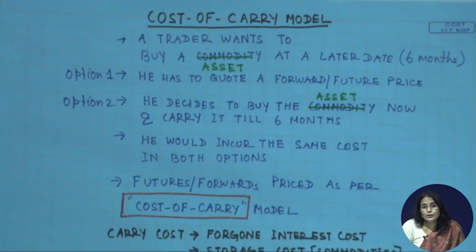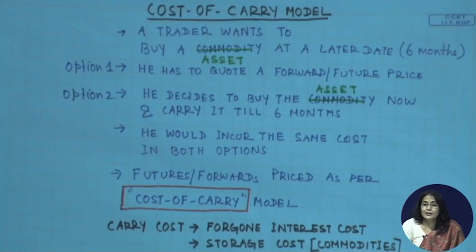He can enter into a long forward contract or long futures contract, so that he will have the underlying asset with him after 6 months, or as part of option 2, he can buy the asset today and carry it till 6 months. Whichever option he chooses, his cost is going to be the same in both options.